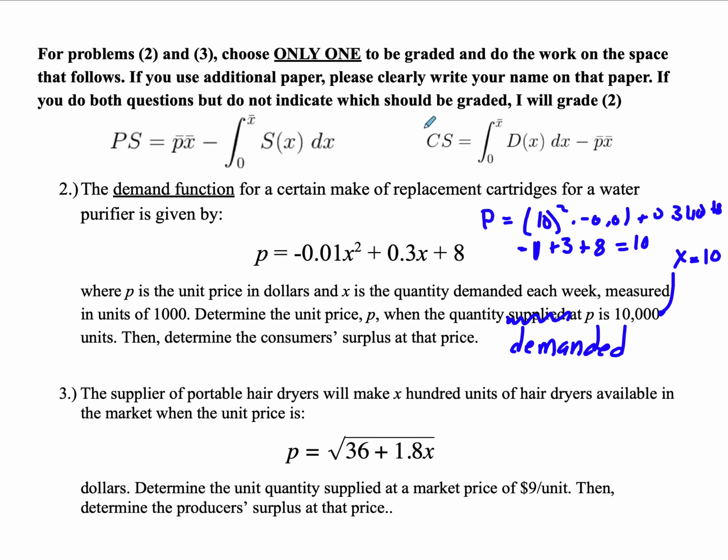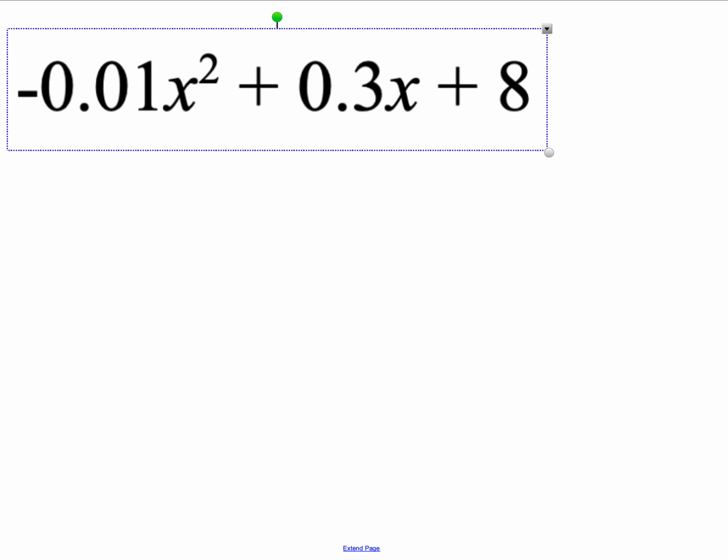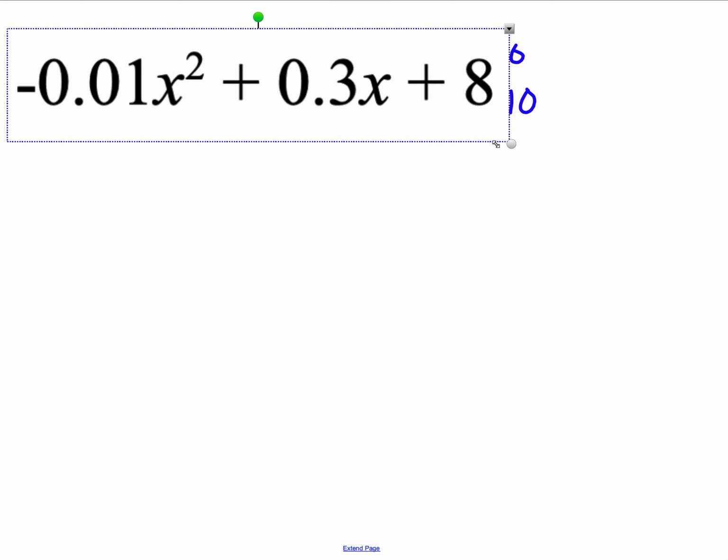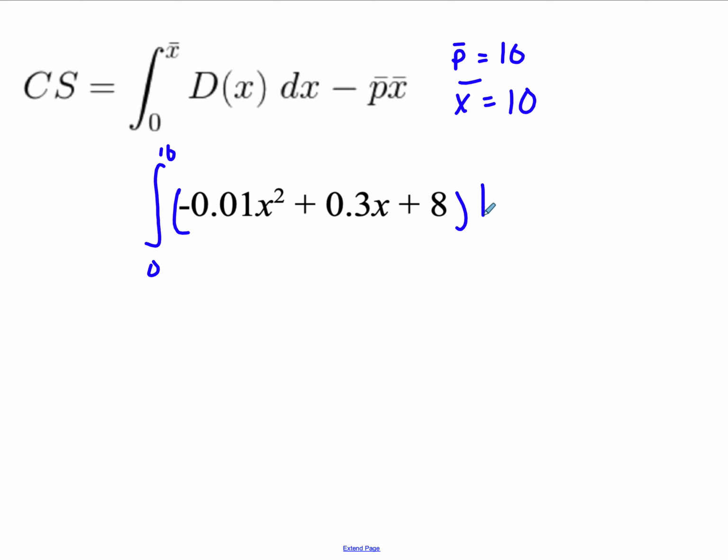So I'm going to shrink that, and what I'm going to do is integrate from 0 to 10 this function dx minus 10 times 10.